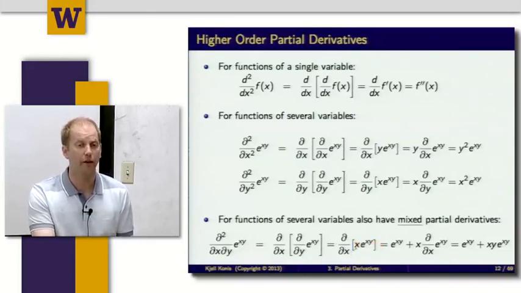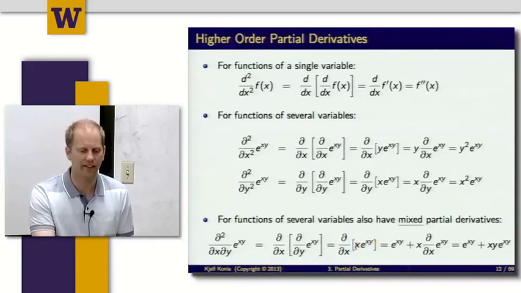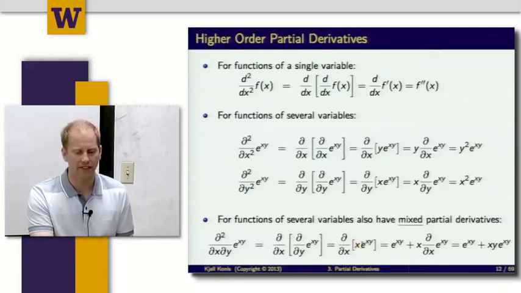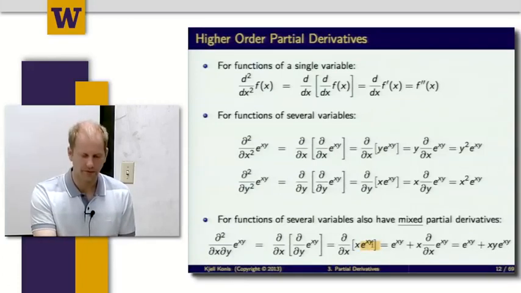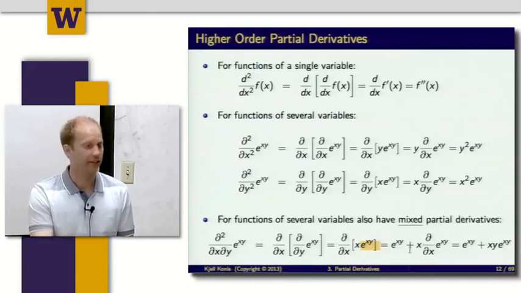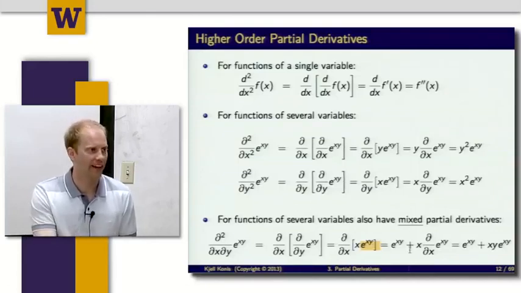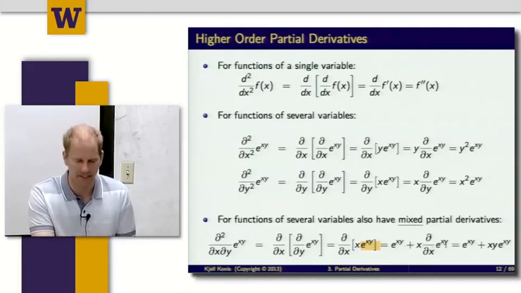So now this is a product of two functions of x. x is the first function, and e to the xy is my second function. So I have to use the product rule. Just to make this all fit on one slide, I've skipped some essential work, but I hope it's correct.